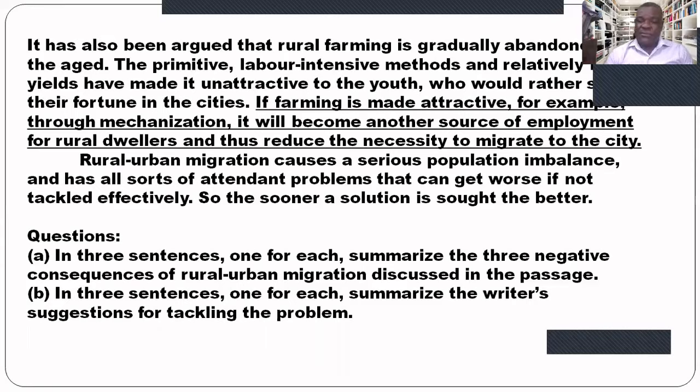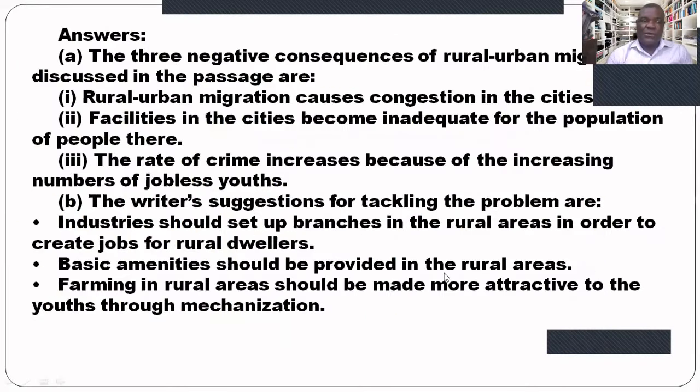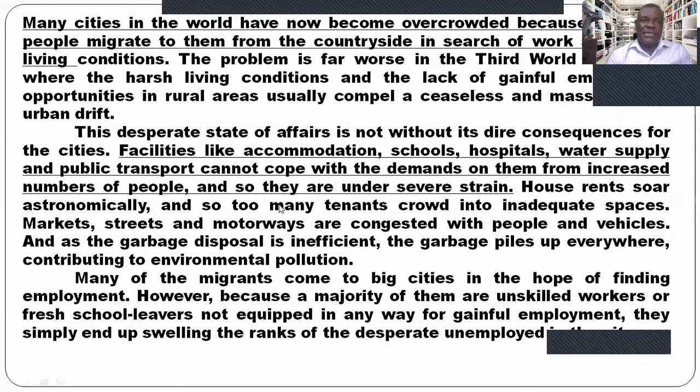But if you are using the preamble method, you simply come here and you say, the 3 negative consequences of rural-urban migration discussed in the passage are, you put a colon, and then you go back and you say, majority of the cities have become overcrowded or have become congested because of migrants, if you like. And so that is the answer to I, all right?